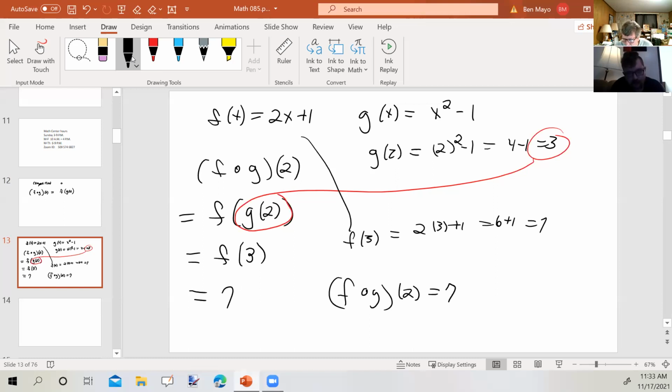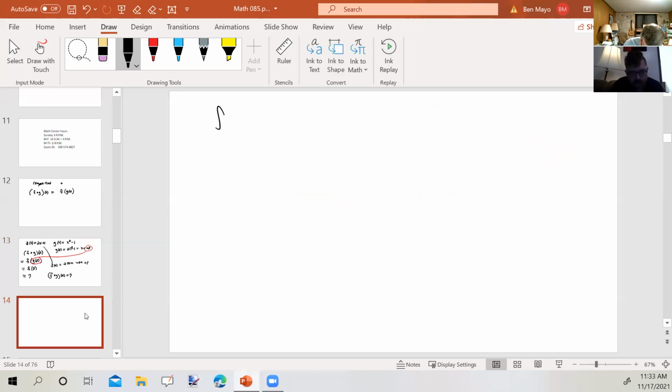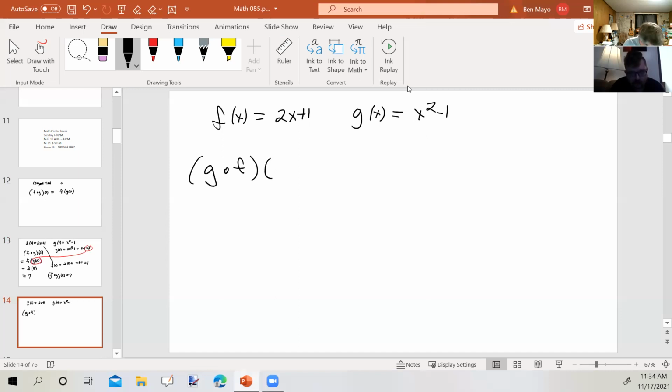You okay with all of that? All right. Using the same f of x, which is 2x plus 1, and g of x, which is x squared minus 1, let's find g composed with f of 2. So we did f composed with g of 2. Now we'll find g composed with f of 2. So this is g of f of 2.